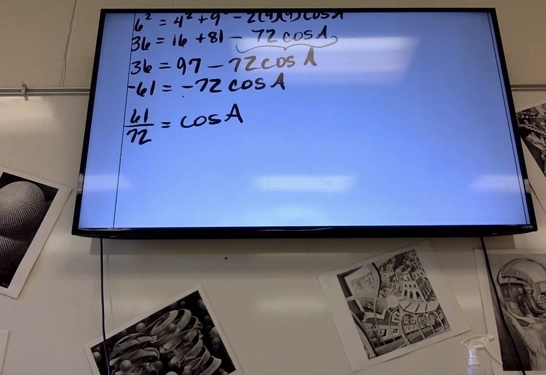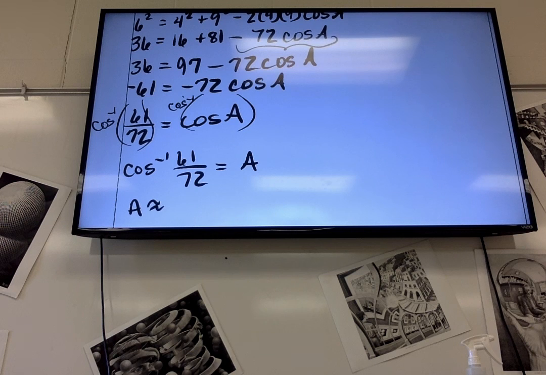And then how do I find A? Inverse cosine, yeah. So we're going to do the inverse cosine of 61 over 72, and that will be A. What did you guys get for A?